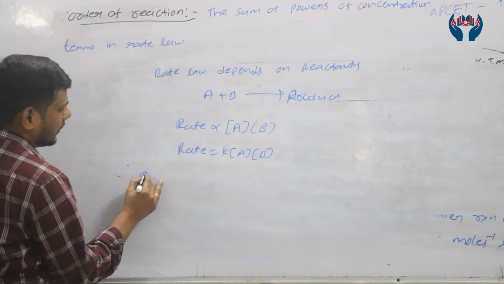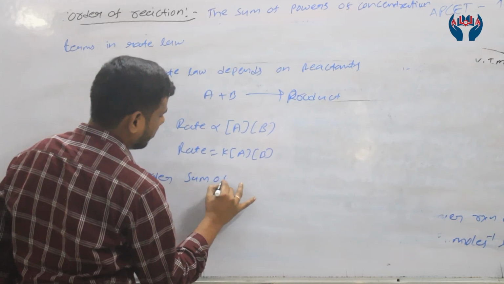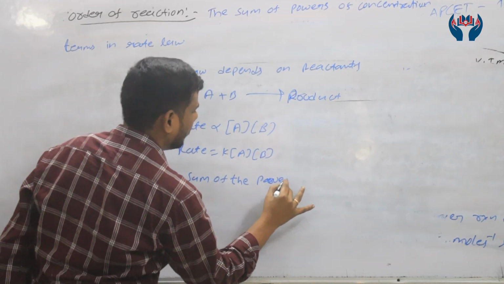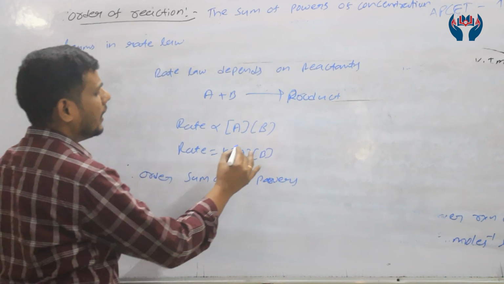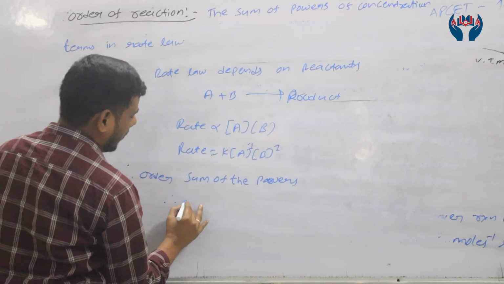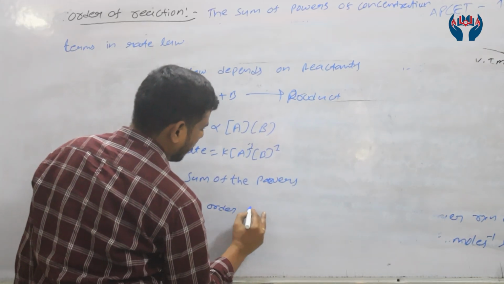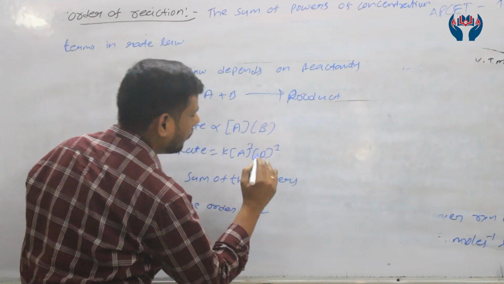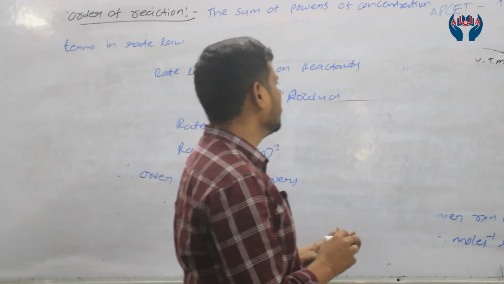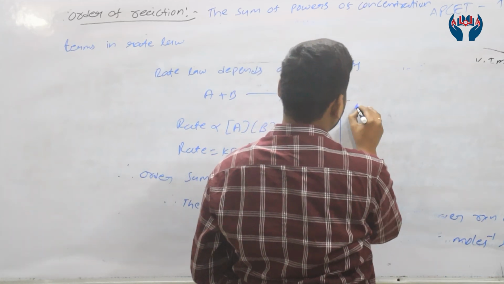Order means the sum of the powers. What are the powers of A and B? This is power 1, this is power 1. Therefore, the order equals 2.